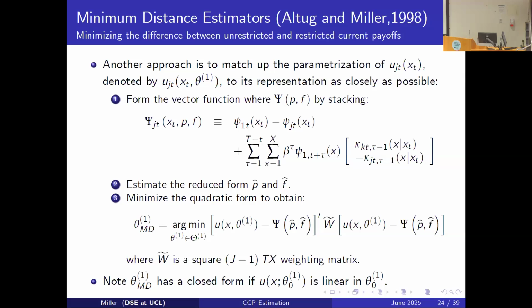So we now look at the difference between the utility that you get when you put the parametric structure on minus the utility that you get when you don't. You've got that for all the different utilities, all the different states, all the different time periods. And then say, how close can I make that to zero in, say, a Euclidean norm, squared, summed, go from there.